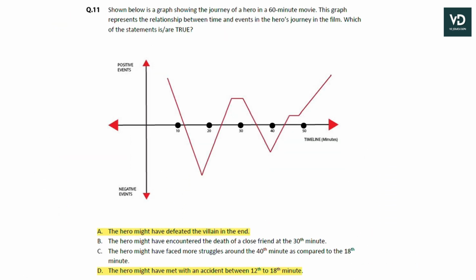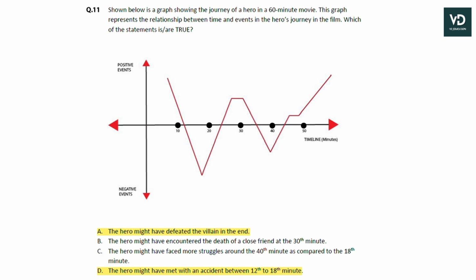11th question. Shown below is a graph showing the journey of a hero in a 60-minute movie. This graph represents the relationship between time and event in the hero's journey in the film. Which of the statements are true? Okay, so the answer will be A and D, because the hero might have defeated the villain in the end.